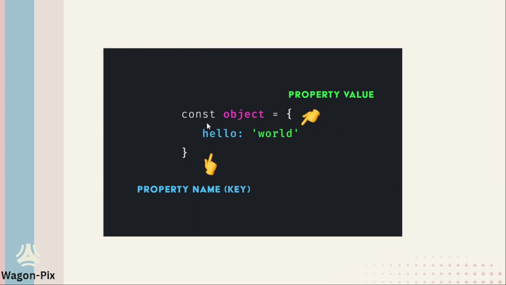This entire line is one property of this object. You can add similar properties into this object, but we have taken one property. This part is called the key of this property, and this is called the value of this property. So this is all about the syntax.